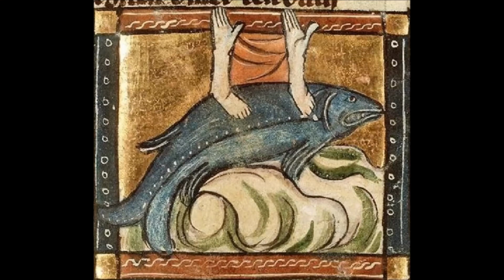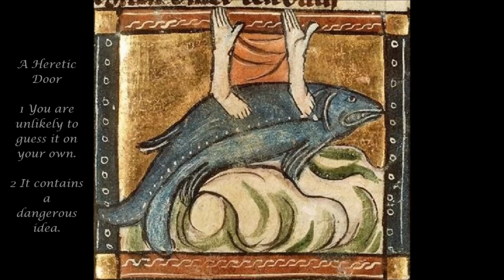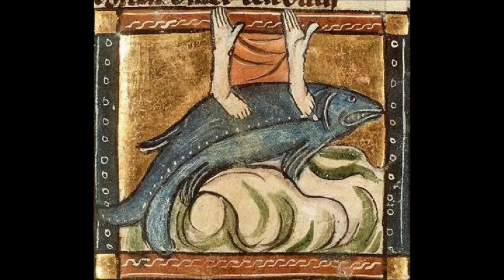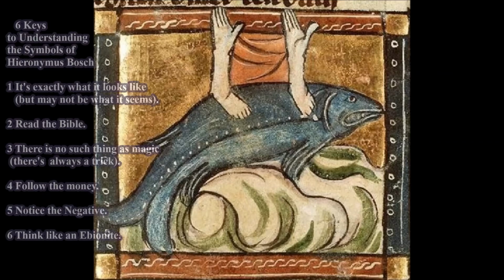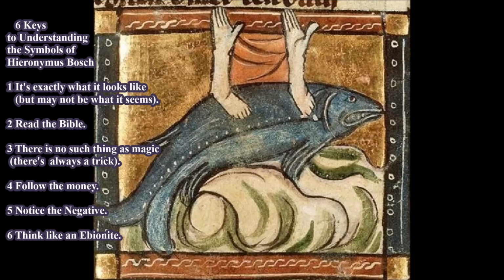A heretic door is a symbol made by a heretic for a heretic with the idea of recruiting new heretics. And it is characterized by the fact that you are unlikely to guess it on your own, and it contains a dangerous idea. And so now we're going to suss out the dangerous idea by using our 6 keys.